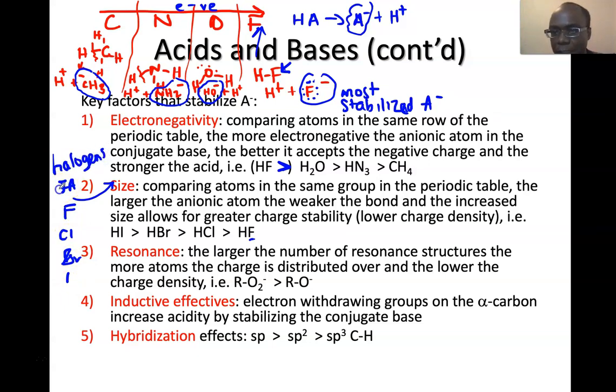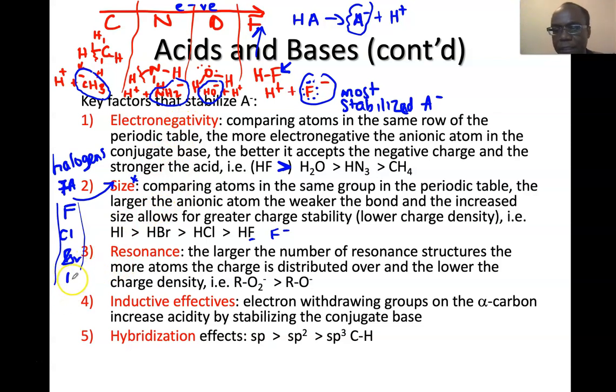So like I said, if you are to consider electronegativity, then F will be forming anions, F minus from HF, which will be taken to be more stable. But that's false. Whenever you're going down the columns of the periodic table, consider size, not electronegativity. So the reason is this.